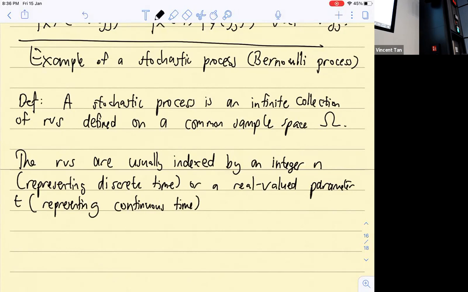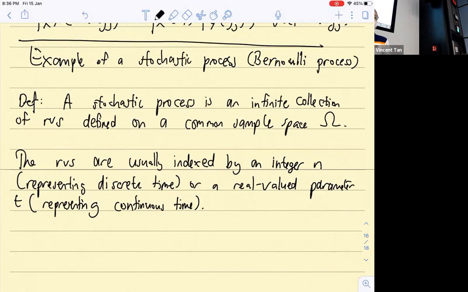This n and t are interpreted as discrete time or continuous time, but they all represent time.